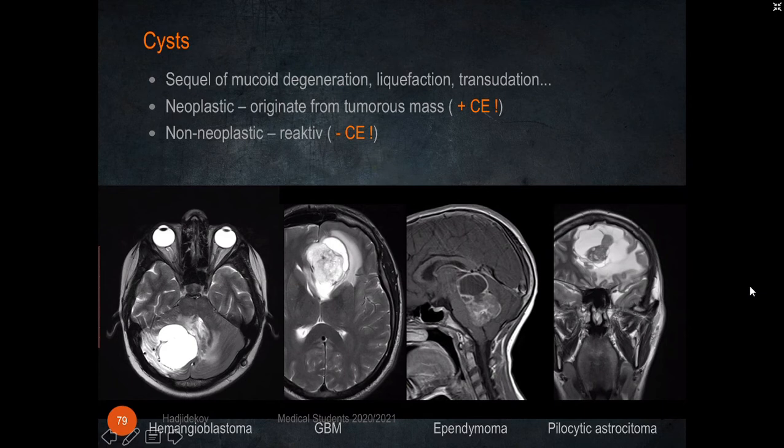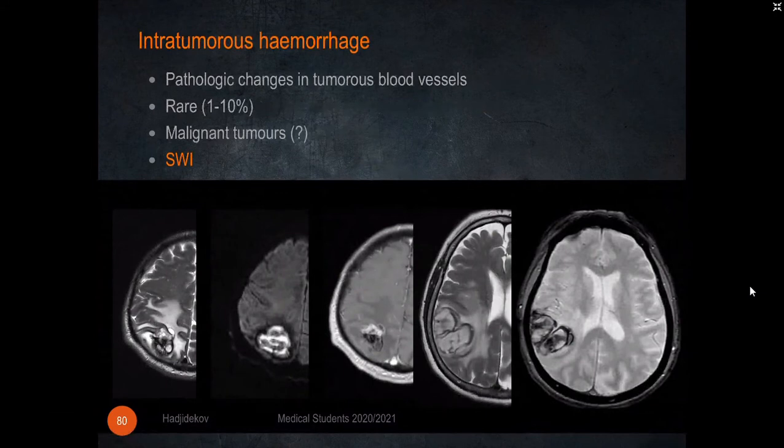So plus CE means plus contrast enhancement, minus CE means minus contrast enhancement. So you see different histological types of tumors here. The first one is hemangioblastoma. Then you have the one with the worst prognosis, glioblastoma multiforme, and ependymoma, and pilocytic astrocytoma in younger patients, and all those present with cystic degeneration of the mass.